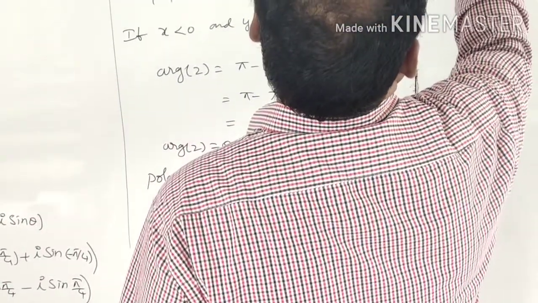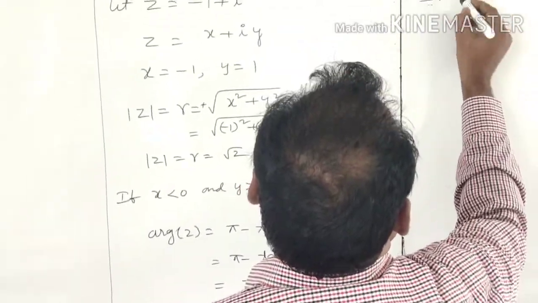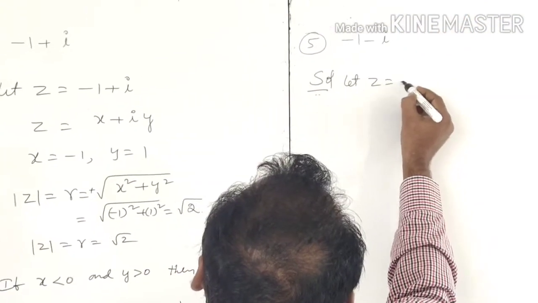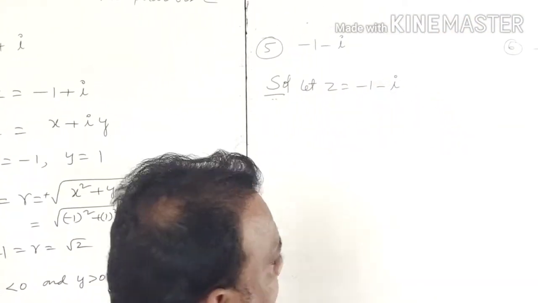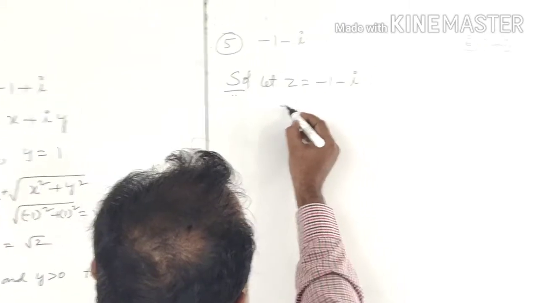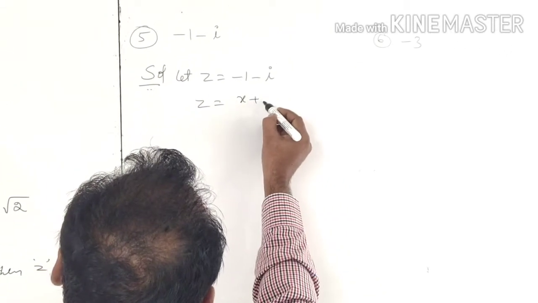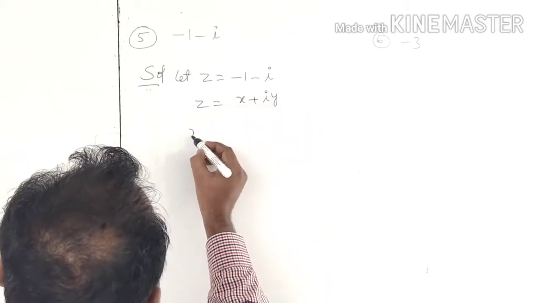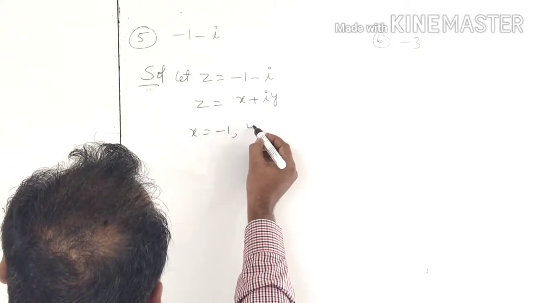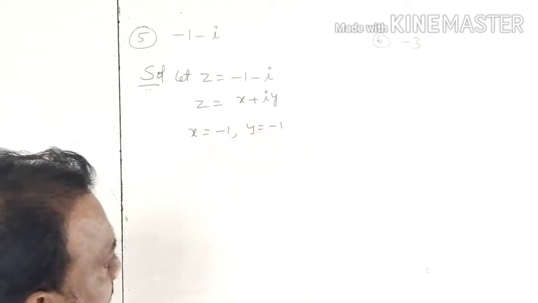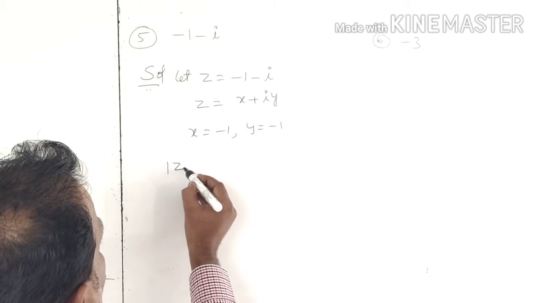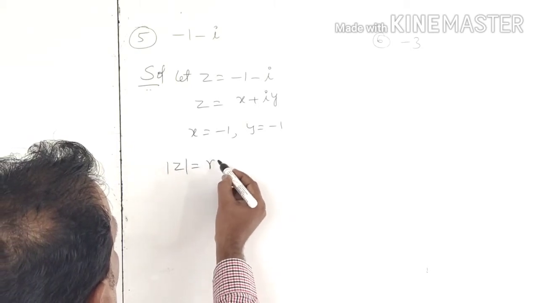See the students. So let z is equal to minus 1 minus I. So you can compare z is equal to x plus iy, x value becomes minus 1 and y value becomes minus 1. So modulus of z is denoted by r.